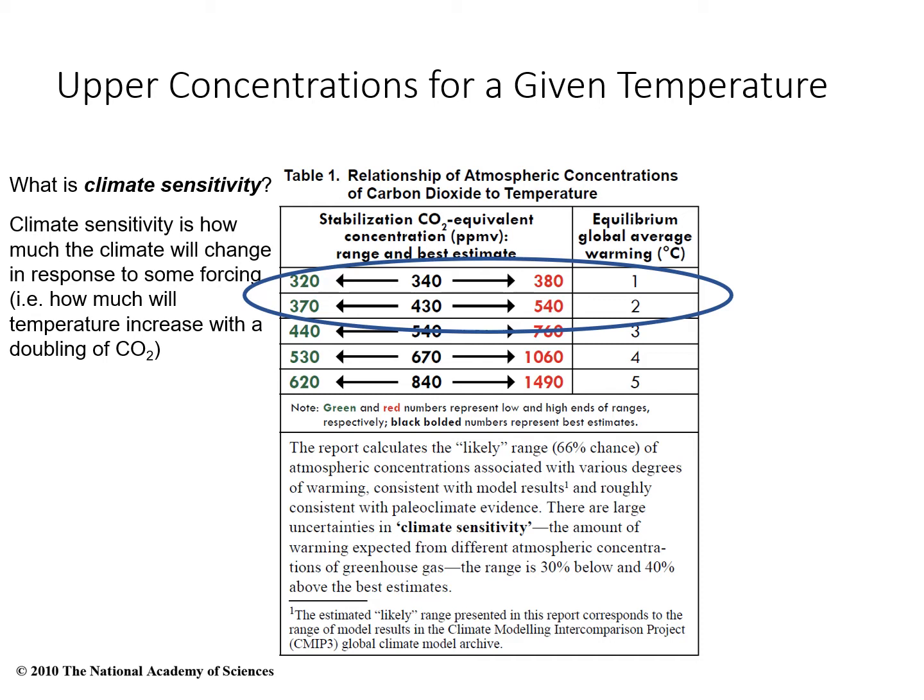And for atmospheric CO2 concentrations of between 370 to 540 parts per million, there is a 66% chance temperatures will increase 2 degrees Celsius. So this means if we want to keep the concentration of CO2 to between 320 to 540 parts per million in order to keep temperatures below 2 degrees. The only way we're going to do this is to make deep cuts to carbon dioxide emissions.